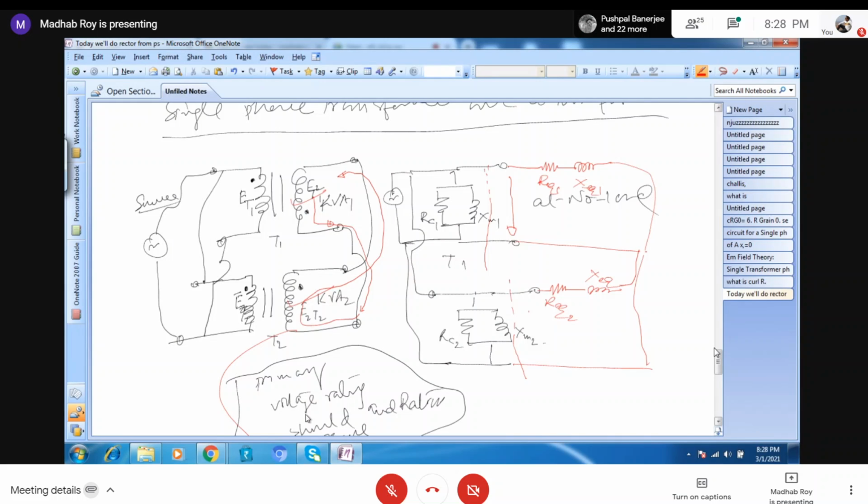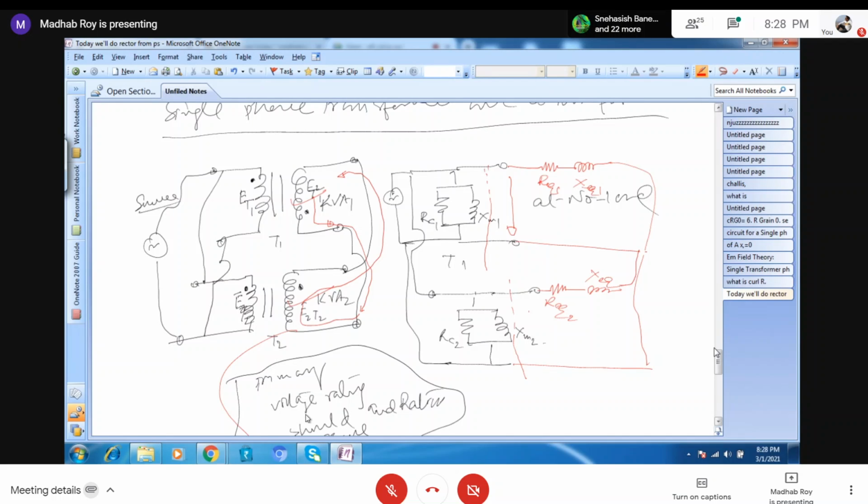So these three are the conditions for single phase transformer paralleling. Number one, the voltage. Number two, the transformation ratio. Number three, the ratio between X equivalent and R equivalent should be the same for all. Okay. This is for single phase transformers. But what will be the case for three phase transformers? These three will remain.